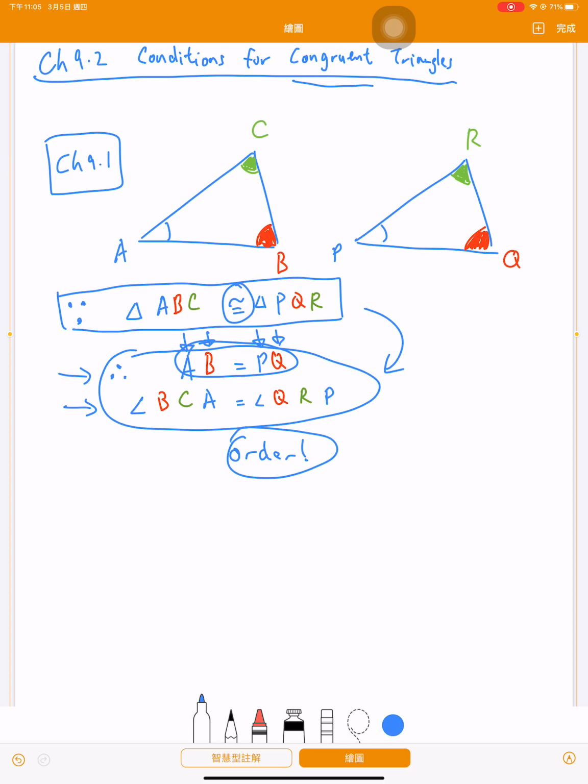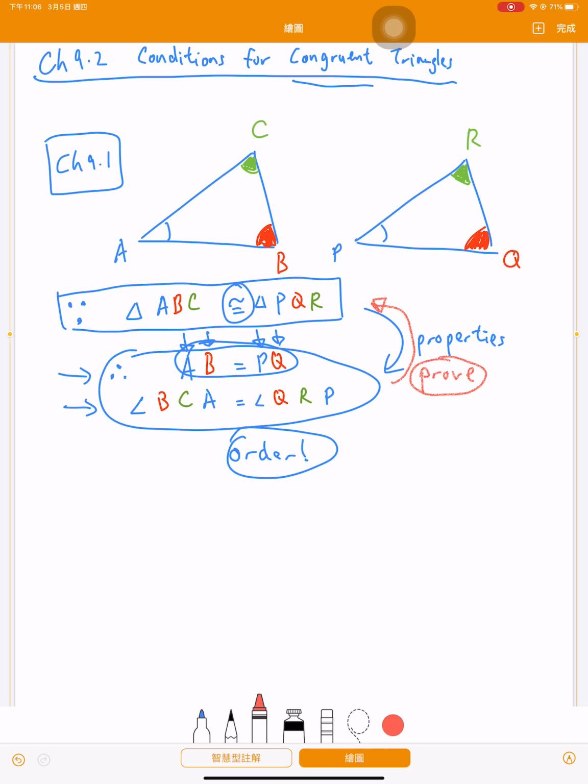That is, this one is the properties of congruent triangles. So in this chapter 9.2, we are going to learn it in another way, from this one to this one. That is, we want to use these conditions to prove whether the two triangles are congruent or not.